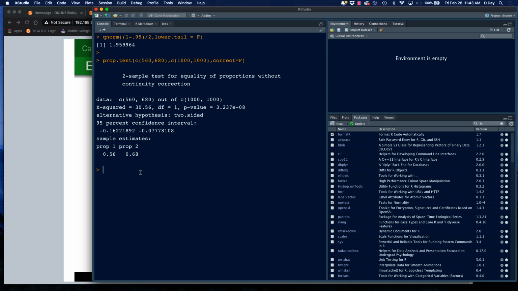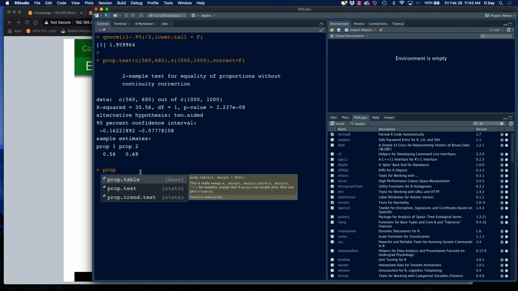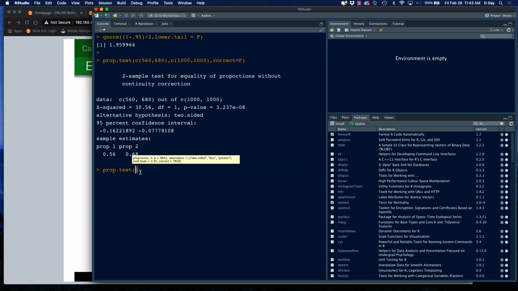So over here, let's just run it real quick, just for good measure. prop.test. I'm going to have c. The first, we take 668 was the clopidogrel group, and then 569 was the ticagrelor group. That's my two X values.